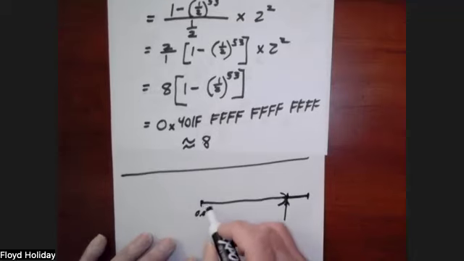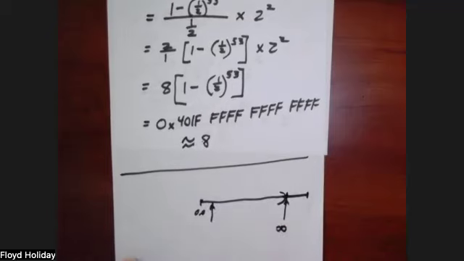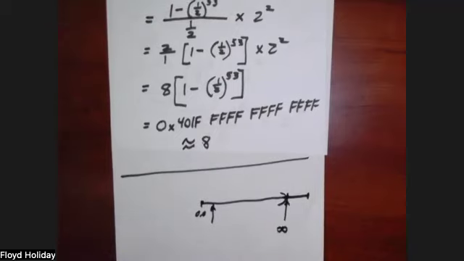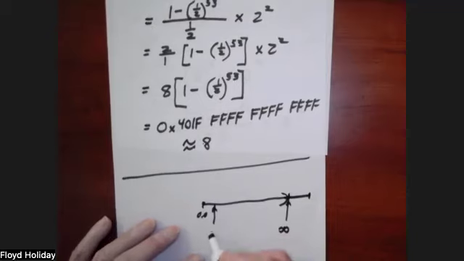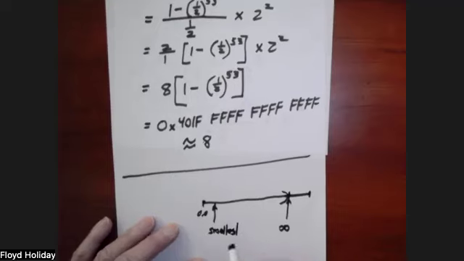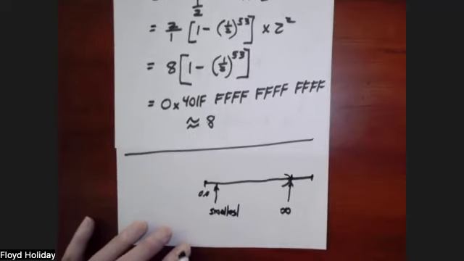And then down here, there's a special number. What is its name? It doesn't have a name. It's the smallest normal number. Sorry, you can't read my writing.